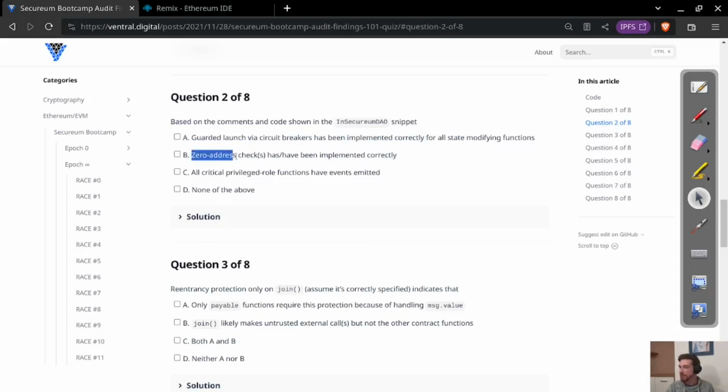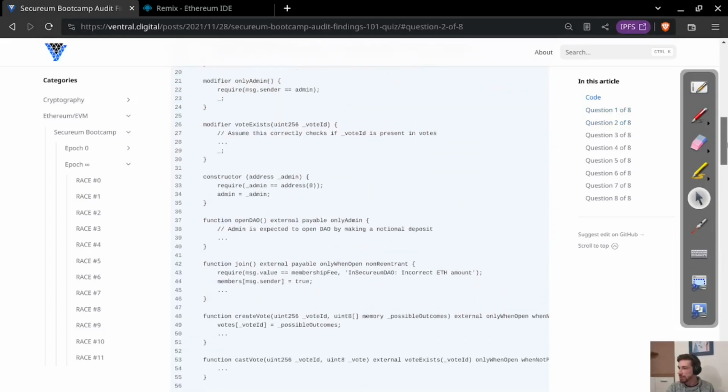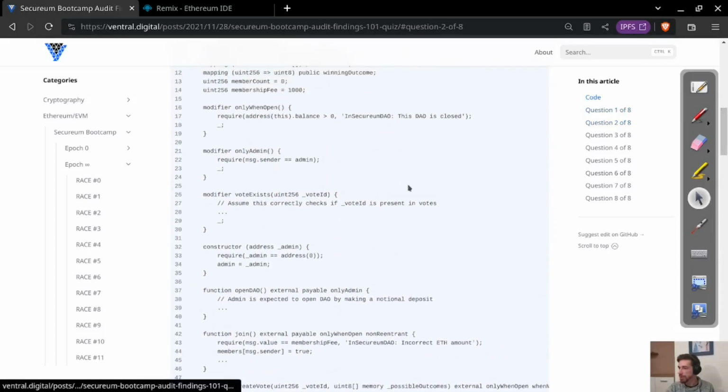Next we have zero address checks have been correctly implemented. Zero address checks means that there is some parameter that is being passed into a function, and we should check whether this address is a zero address, because things like zero addresses can happen from time to time in Solidity. So do we have a function where addresses are passed in? If we look at the code, the only function where an address is passed in is here in the constructor.